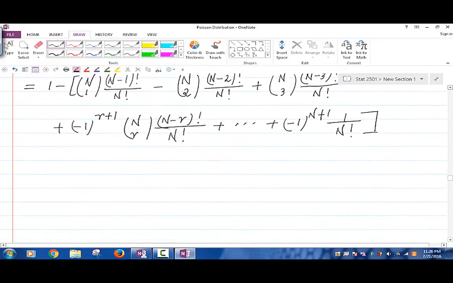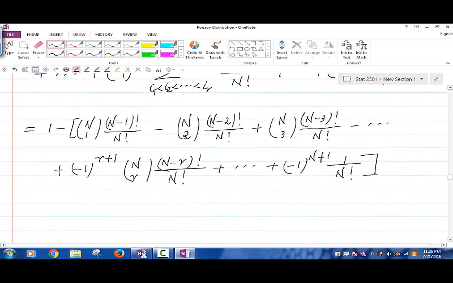Now we need to do a little bit of algebra. Write the binomial coefficients in terms of the factorials.